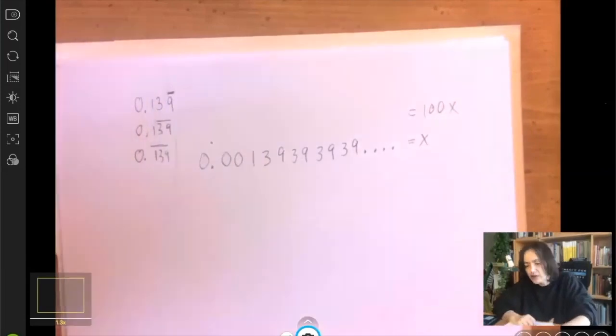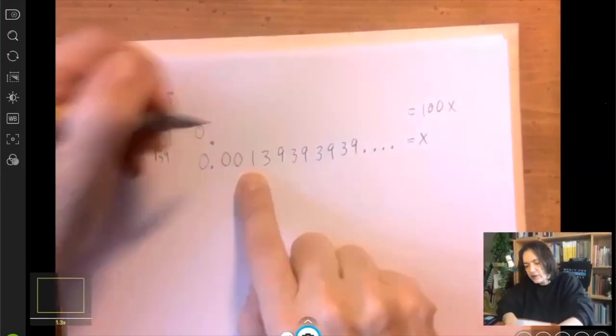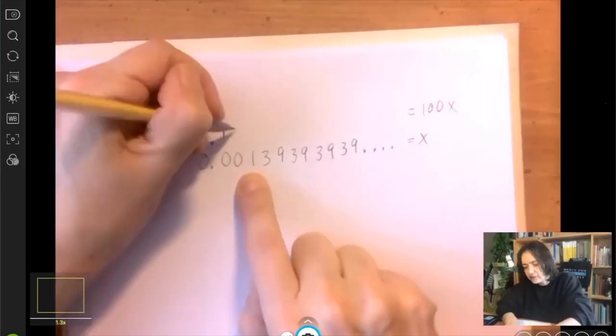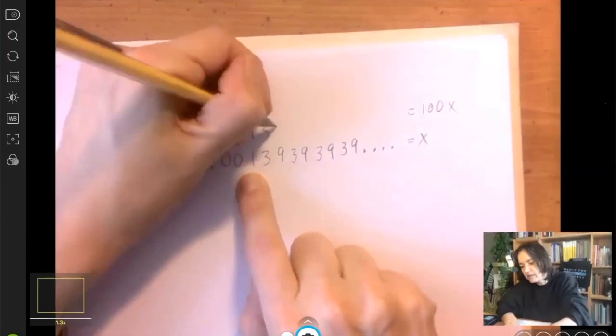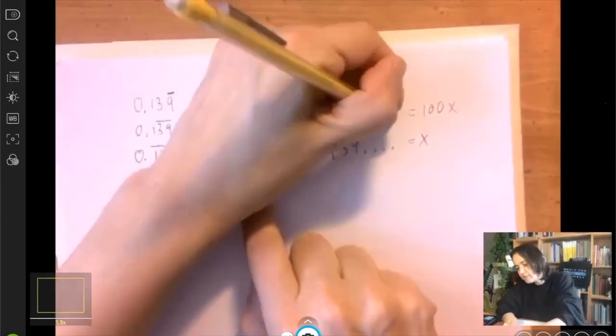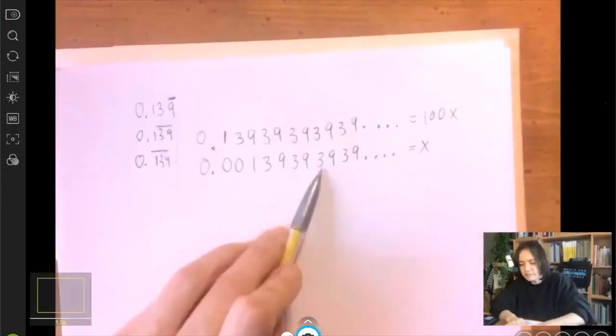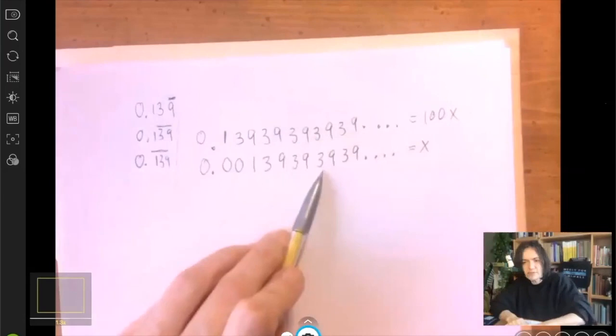So if we multiply this by 100, we're going to get 0.1393939... It looks magical, but just think about it from the point of view of one single digit at the end. It will be promoted by 2 decimals if you multiply it by 100.